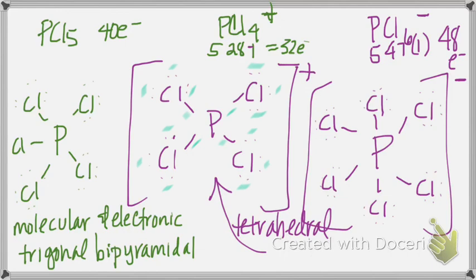So we have 2, 4, 6, 8, 10, 12, 14, 16, 18, 20, 22, 24, 26, 28, 30, 32, 34, 36, 38, 40, 42, 44. Did I miscount one? 46.